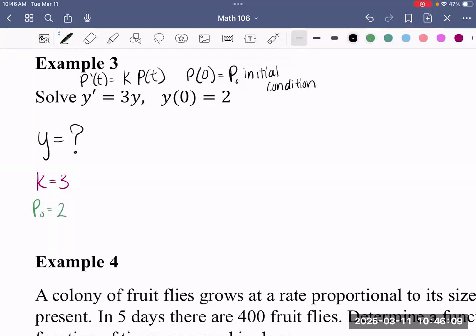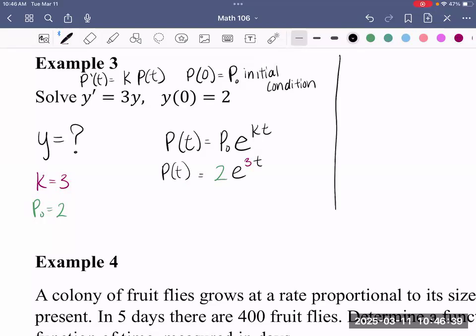So all together, keep in mind that format. We have P of t is equal to P naught e to the kt. So that means that we have 2 e to the 3t. And then of course you can swap your P of t for your y and so forth.